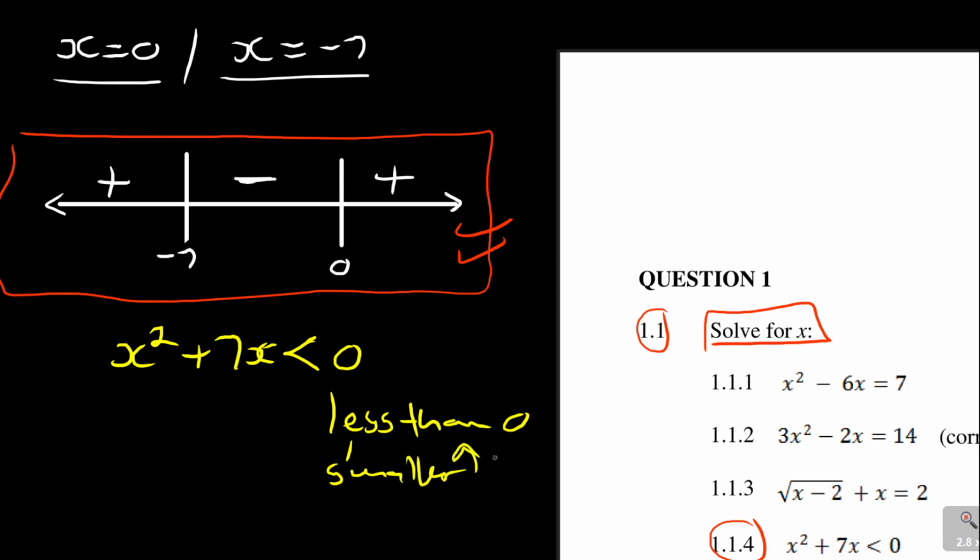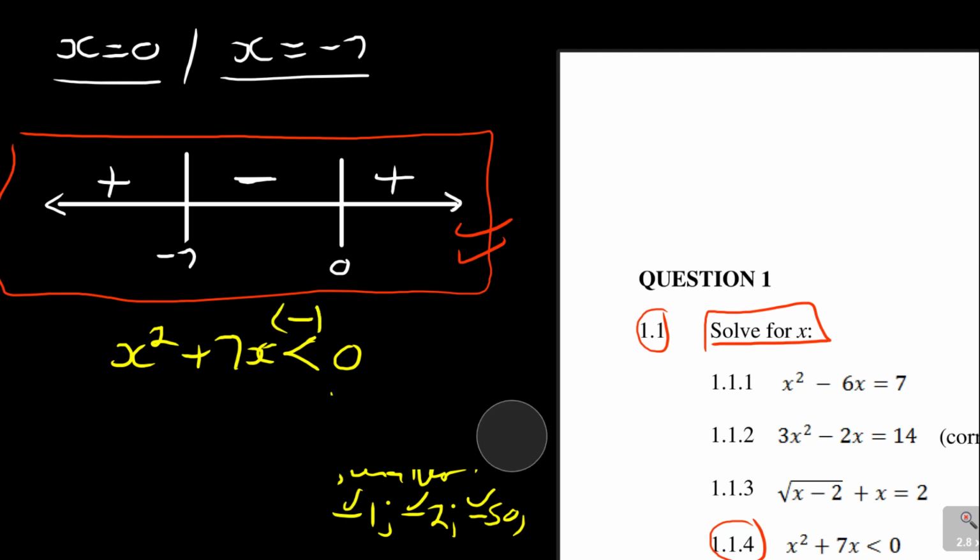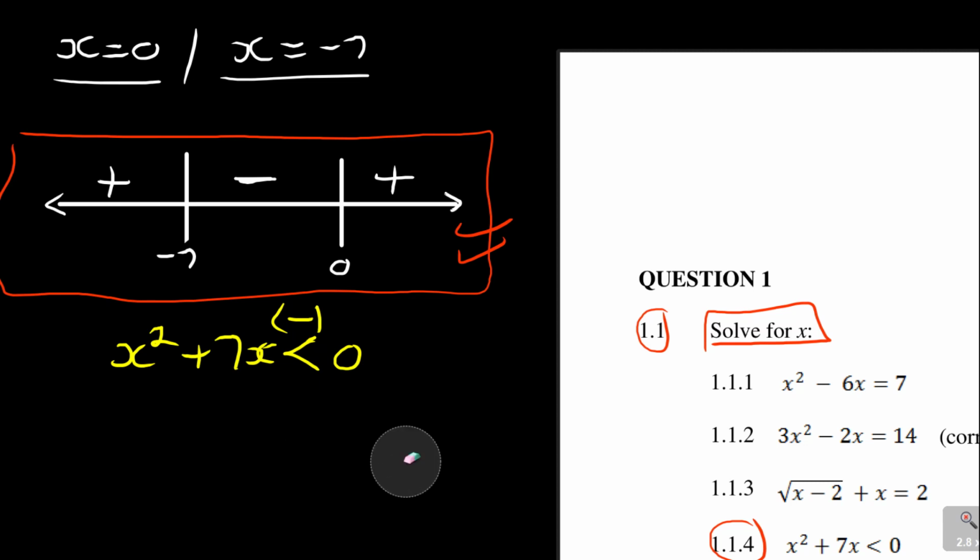Which numbers are smaller than 0? It can be minus 1, minus 2, minus 50, anything that is what? Negative. Look at the sign. As long as it is negative, it means it's smaller than 0. So the word less than 0, that word less, represents the negative sign.